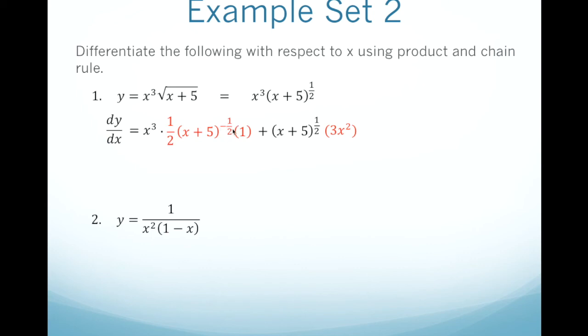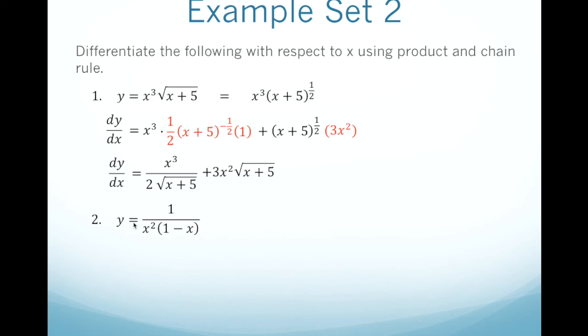Now this is a negative power, so we can bring it down to the denominator to make the index positive. It is going to be x cubed all over 2 times the square root of x plus 5, plus 3x squared times the square root of x plus 5. So this is already our final answer.